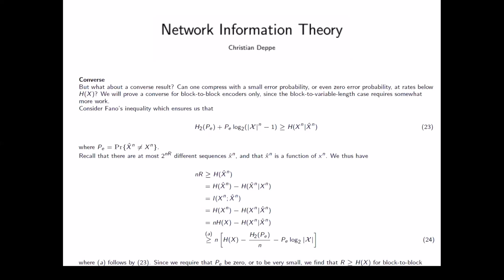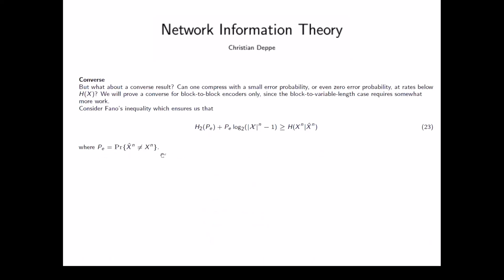So we can recall that we have at most 2^(nR) different sequences. That's exactly how we define the rate, that we have so many sequences X hat to the n. And X hat of n is of course a function of X^n. So because we have just so many sequences, we can bound n times R by the entropy of X hat to the n. That's just the normal bound here.